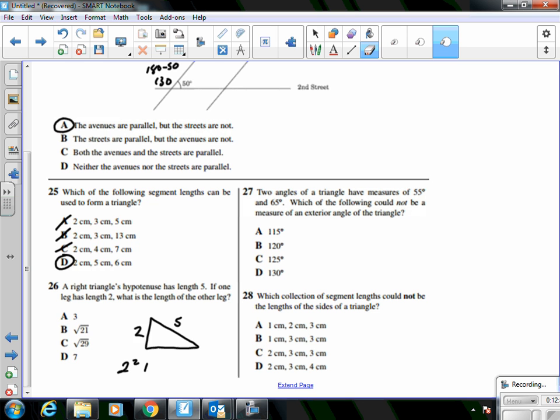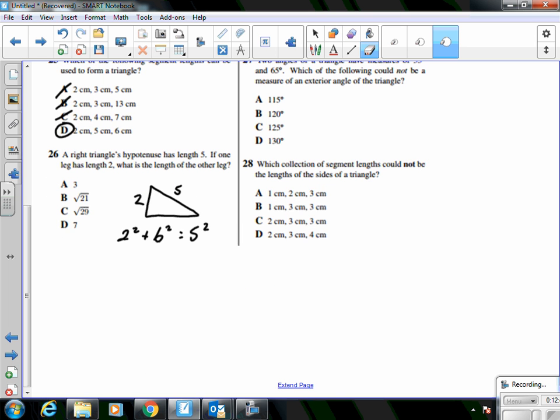So 2 squared plus b squared is going to equal 5 squared, or 4 plus b squared equals 25. Move the 4 over, subtracting it. So b squared is 21. And so to find it, take the square root of both sides, end up with b is the square root of 21, which matches up with b.